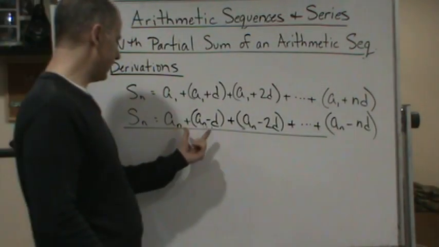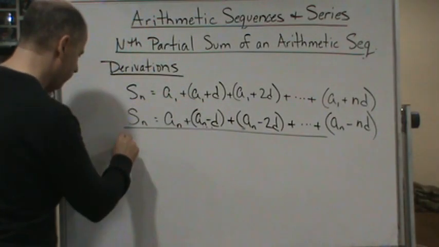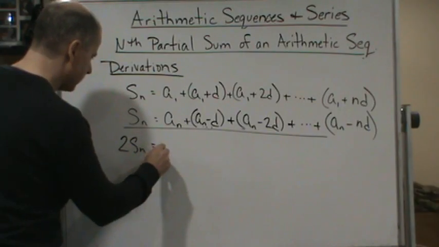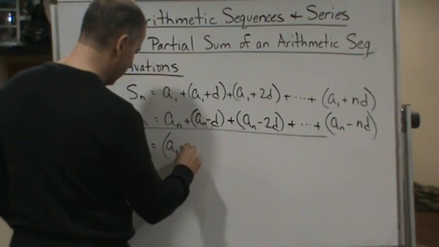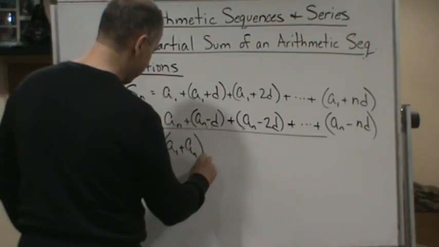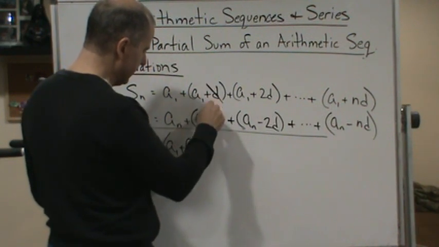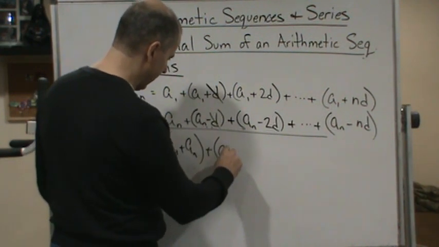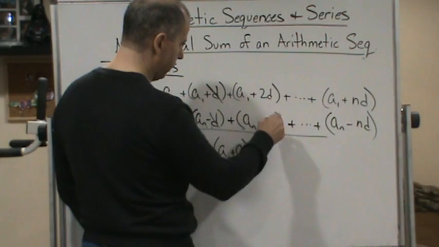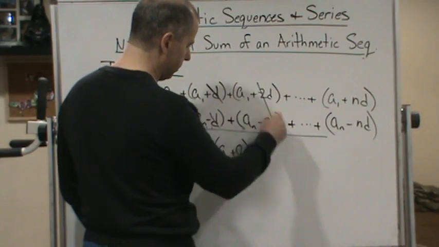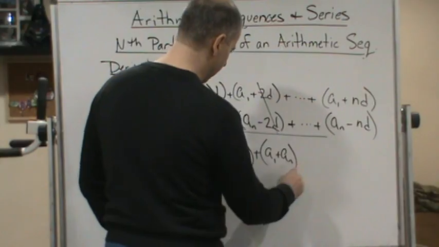Now, if I define it this way with the common difference, when I add, I get 2 S sub n, and it'll be a1 plus a sub n, plus, now notice when I add down, the d's cancel and I get a1 plus a sub n. And again here the 2d cancels with the negative 2d and I get a sub 1 plus a sub n.